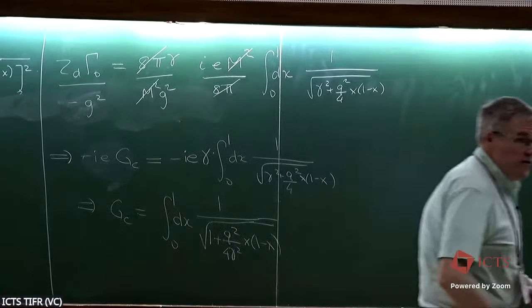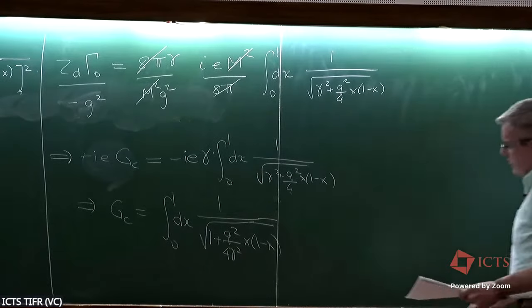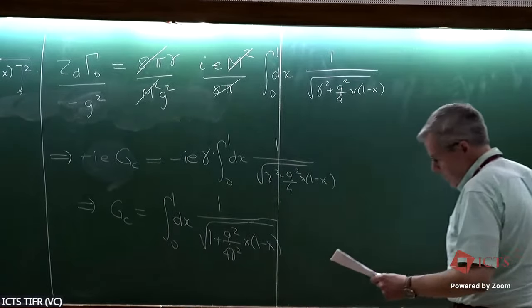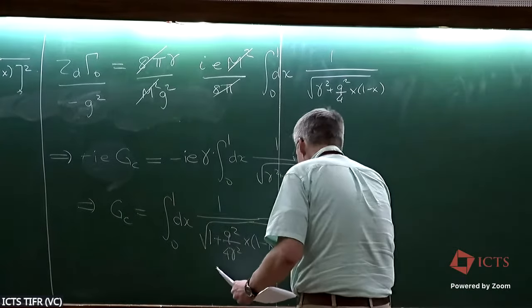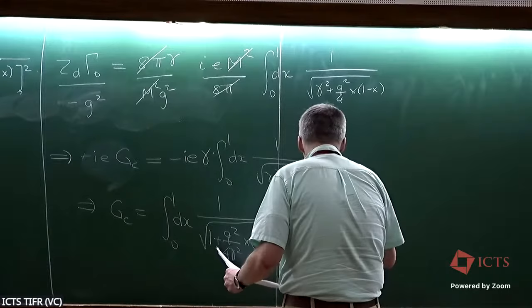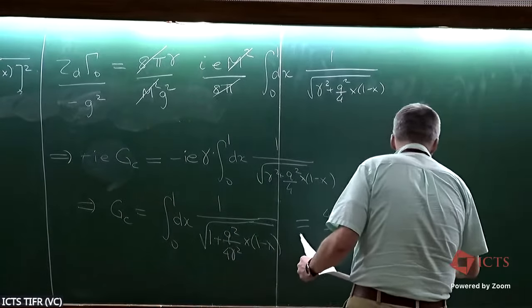So in other words, it's the square of the ratio of q over 2 to the binding momentum gamma. And as I said, if I do this integral, I get 4 gamma over q times the arctan of q over 4 gamma.